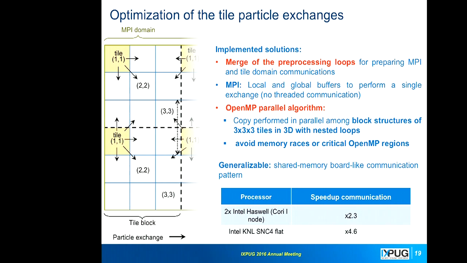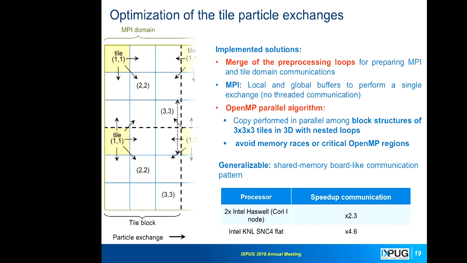We added an OpenMP parallelization for the communications, and for this we are using a block structure. A block structure of 3 by 3 by 3 tiles in 3D or 3 by 3 in 2D, as shown here on this figure. And we perform simultaneously the communication for one particular tile in each block.